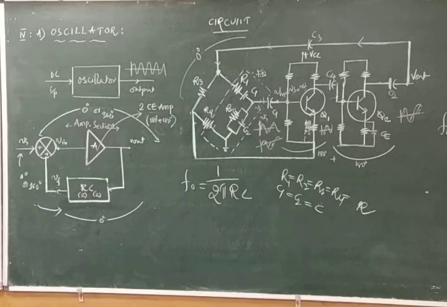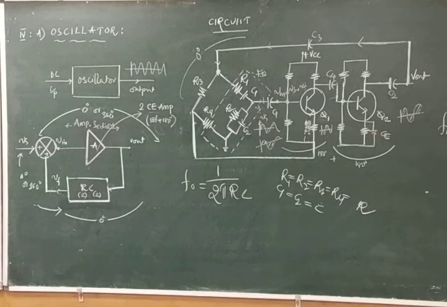If a Wien-Bridge oscillator is designed with the feedback of R1 equal to 10 kilo ohms and C2 equal to 10 microfarads, then calculate its frequency of oscillation.